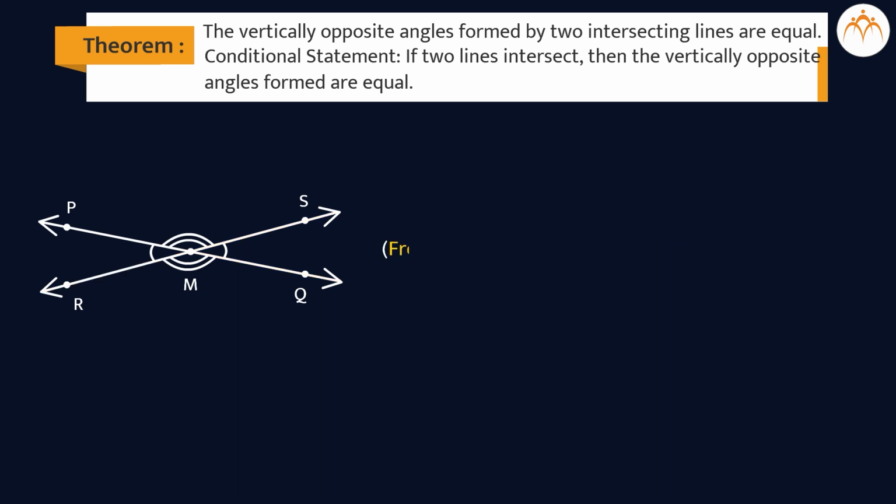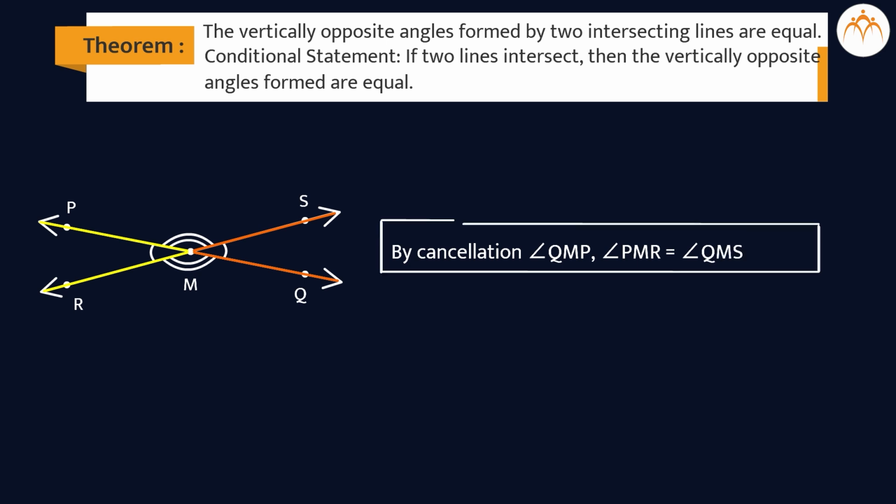Then from equation 3 and equation 4, angle PMR plus angle QMR is equal to angle QMR plus angle QMS. Similarly, we can prove by cancellation of angle QMR that angle PMR is equal to angle QMS. Understand?